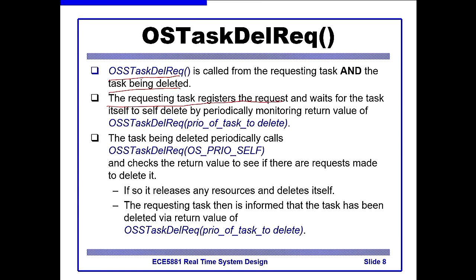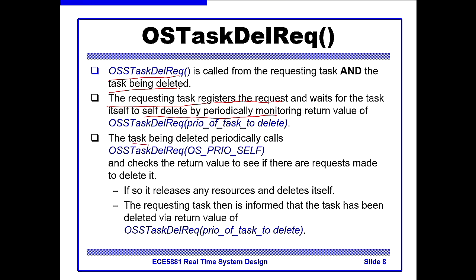It has to wait for the task itself to delete, and that deleting operation within the task is doing the cleanup of the resources. So you might have to wait for something to finish before you can remove that resource. You might be, I don't know, printing something at the time where you have to wait for the print job to finish before you kill the print server.